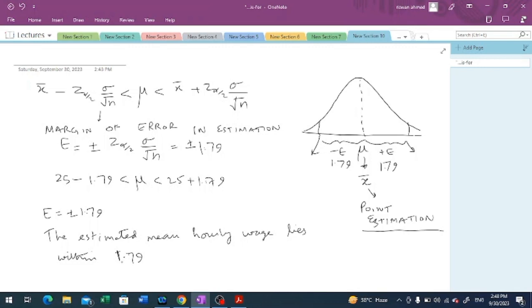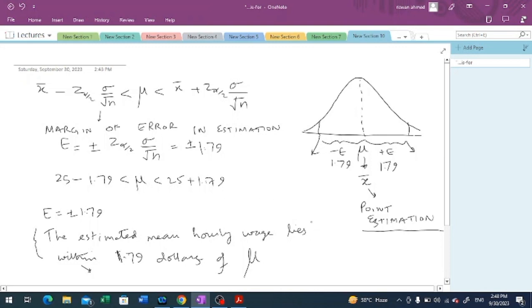Over here we need to ignore the plus minus sign, because this English word within refers to the plus minus sign indication. So it lies within $1.79 of mu. This is how we interpret the answer for the margin of error in estimation. The estimated mean hourly wage lies within $1.79 of mu.